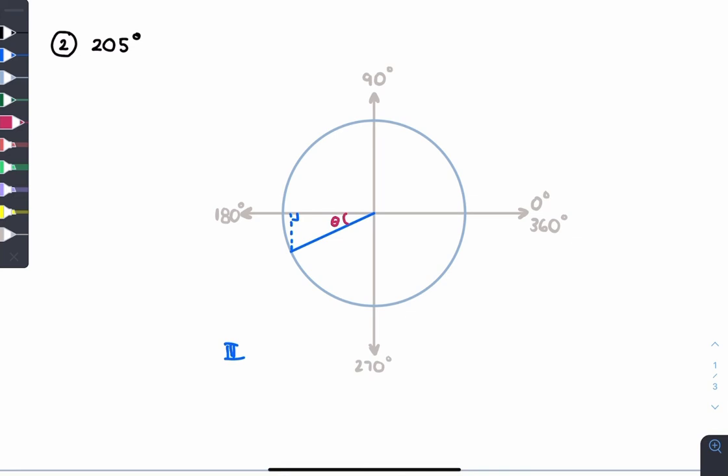So when we find the reference angle for 205 degrees, since we are in quadrant 3, all we have to do is take the larger angle, 205, minus the angle on our x-axis, which is 180.